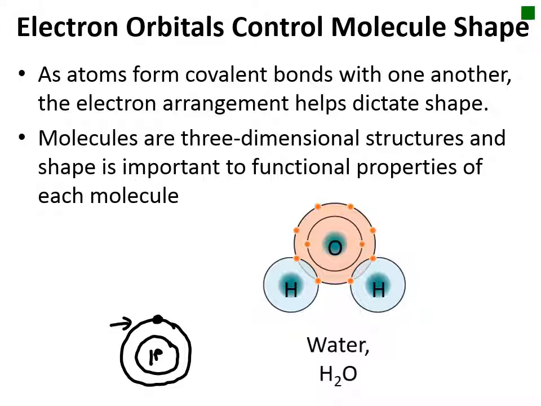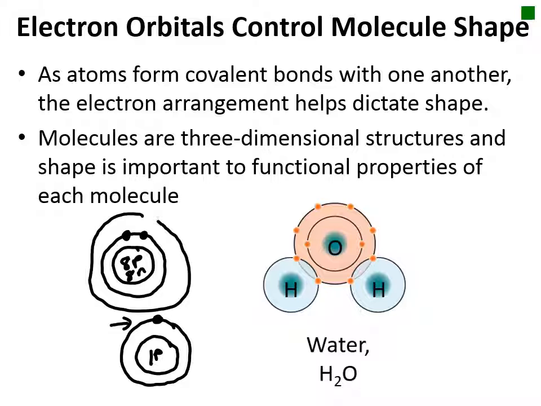Oxygen has an atomic number of 8, meaning it has 8 protons in its nucleus and 8 neutrons, surrounded by 8 electrons. 2 of those electrons will be found in the first shell, leaving 6 to be added to the second shell.